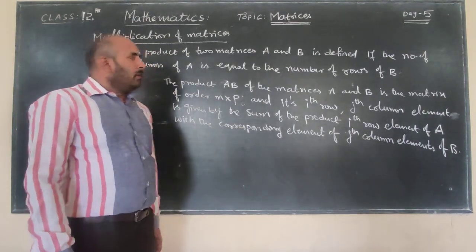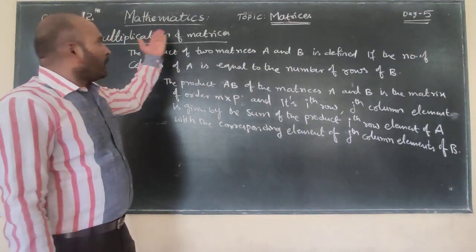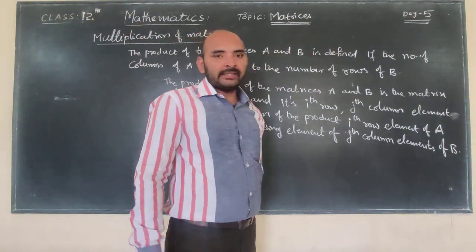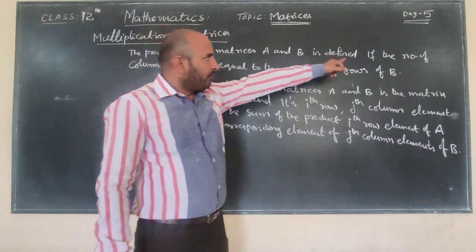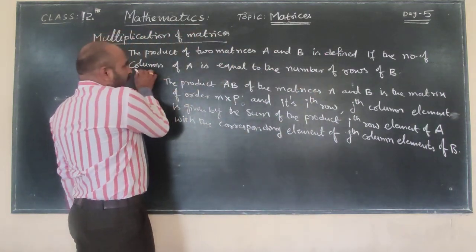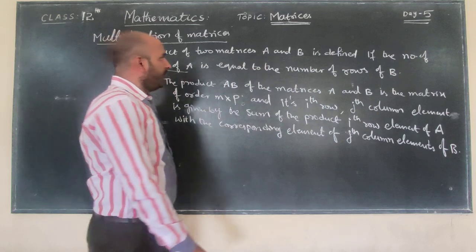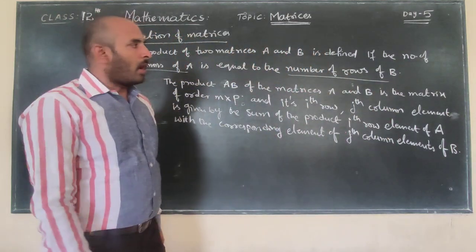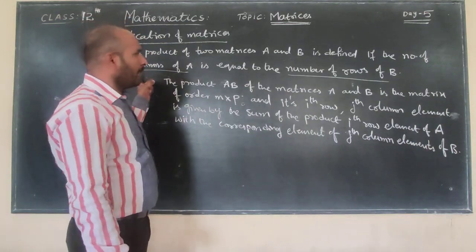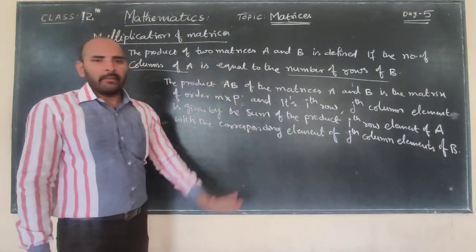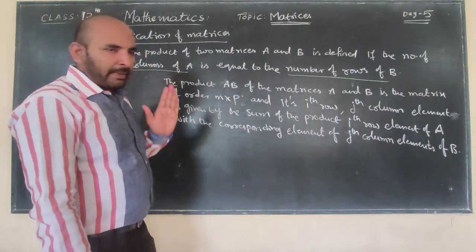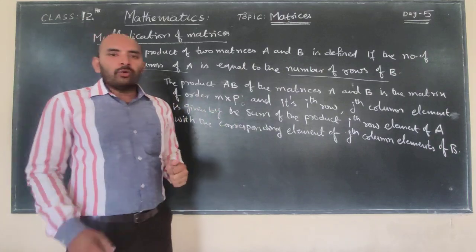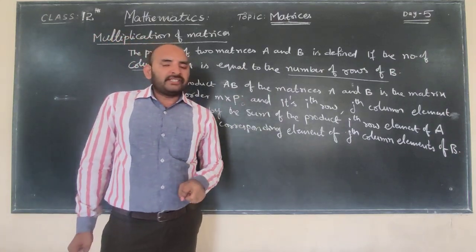So now the product of the two matrices A and B is defined. As I already told, the number of columns of A must be equal to the number of rows of B. That is mandatory. So now, how do we find the product of two matrices?